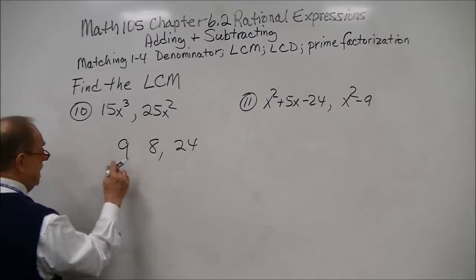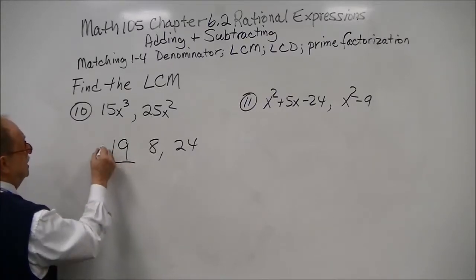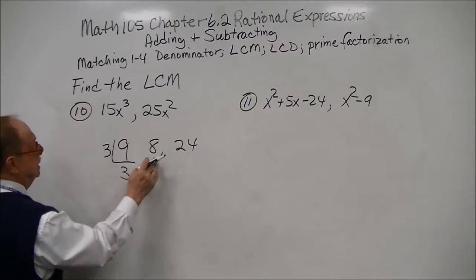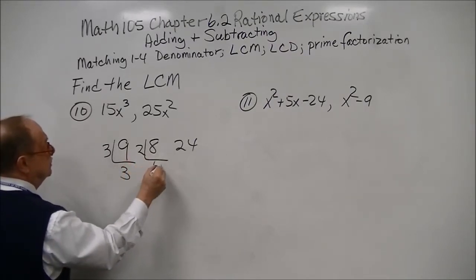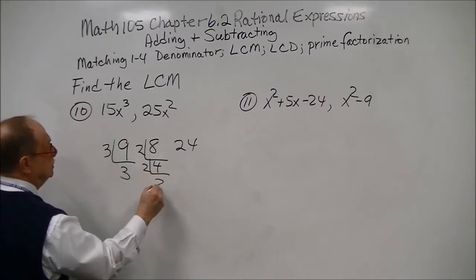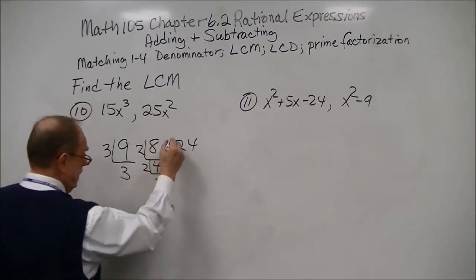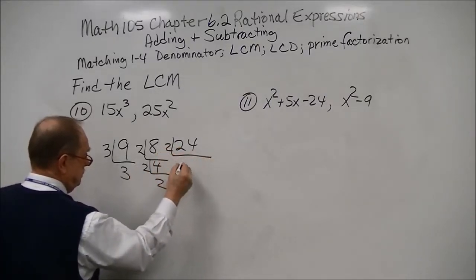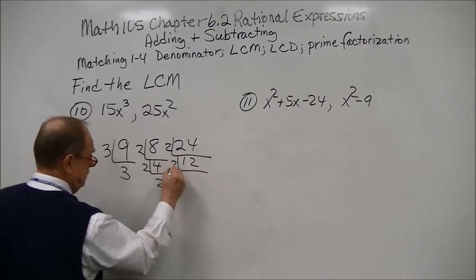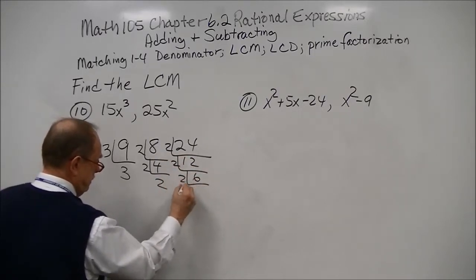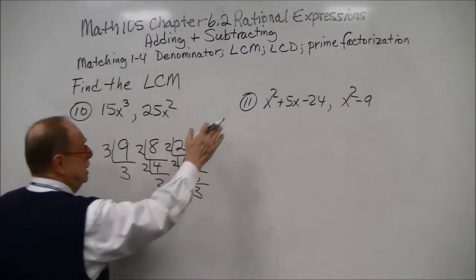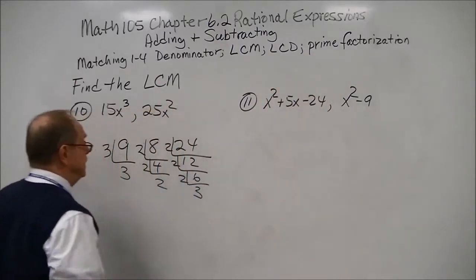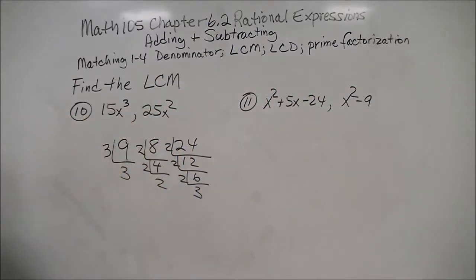So let's do prime factorization. This is 3, this is 3. This will be 2, 4, 2, 2. And this will be 2, 12, 2, 6, 2, 3. Okay, these numbers out here are the prime factorization of these three numbers.